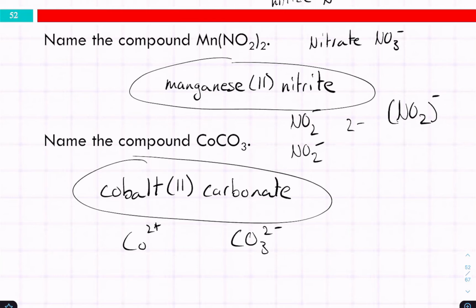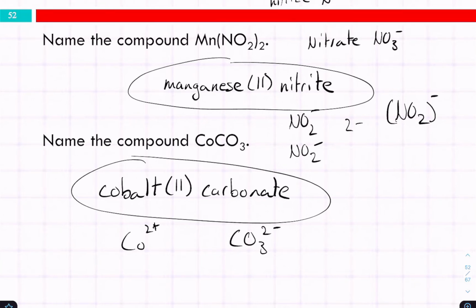Write out your anion. In this case, it's something with oxygen, so it's going to be an oxyanion. Now, which oxyanion is it? It's formed with carbon. The carbon oxyanion base form is carbonate, which is CO3 2 minus.